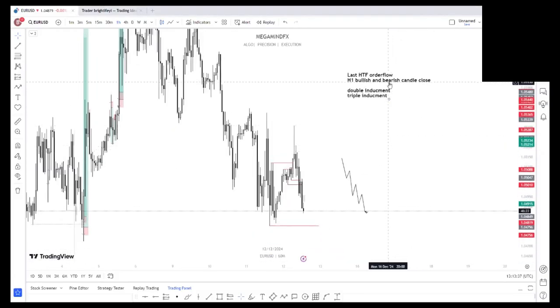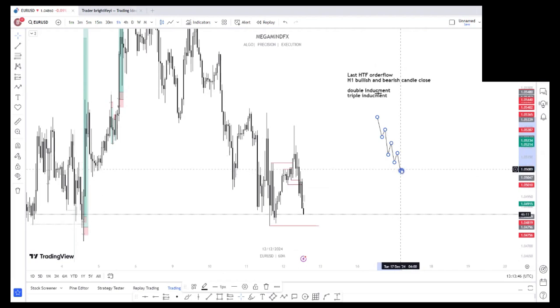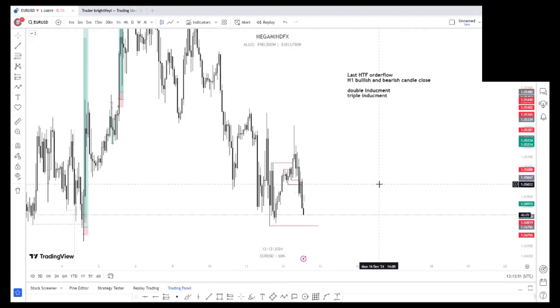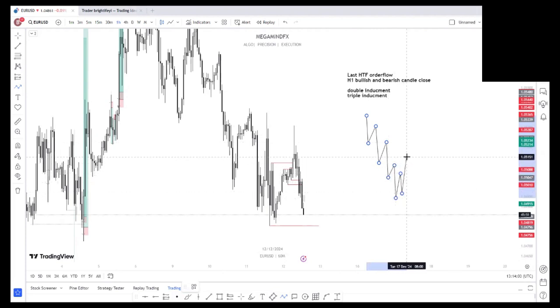So now let me explain the last higher time frame order flow. Say, for instance, we have price trending towards the downside, so price is bearish. Then price switched from here: we have buys and buys and buys.